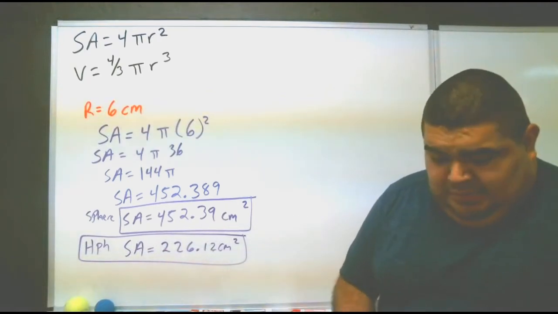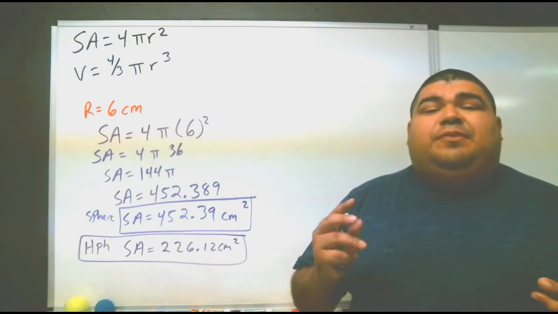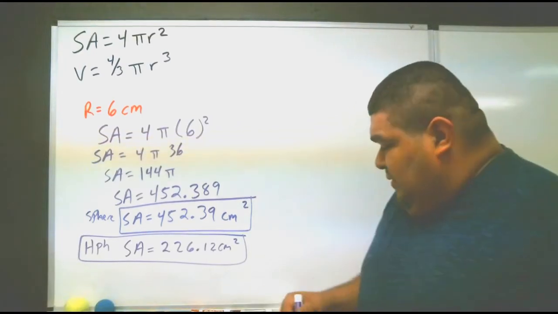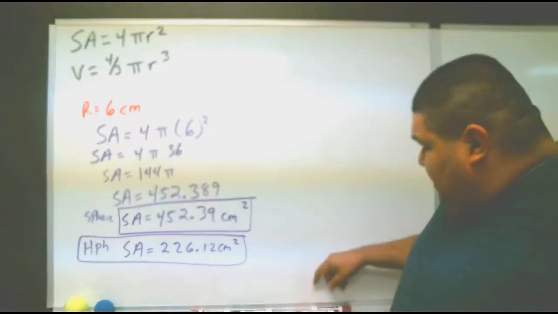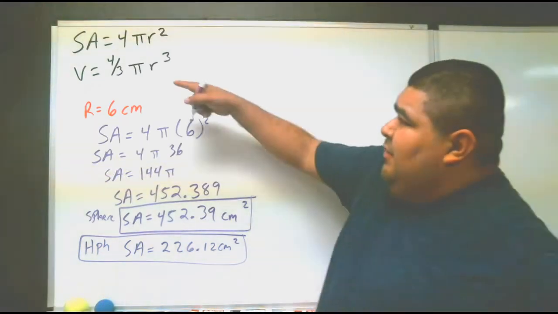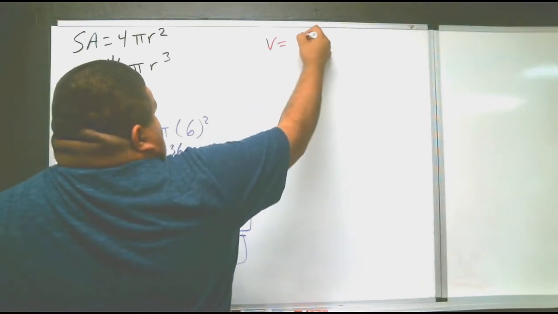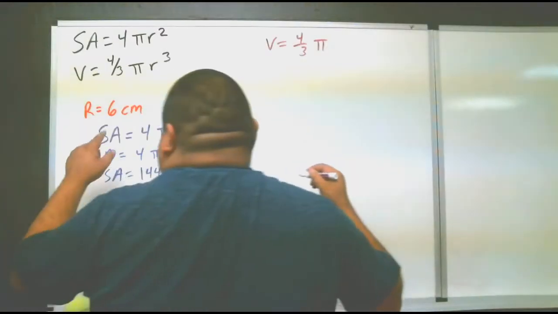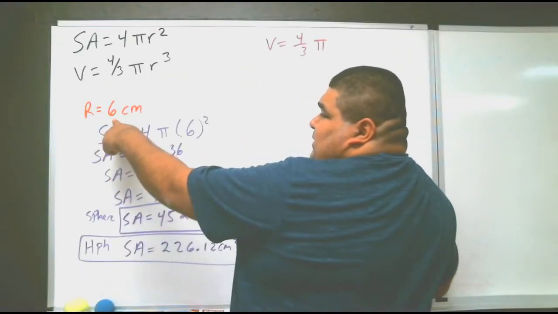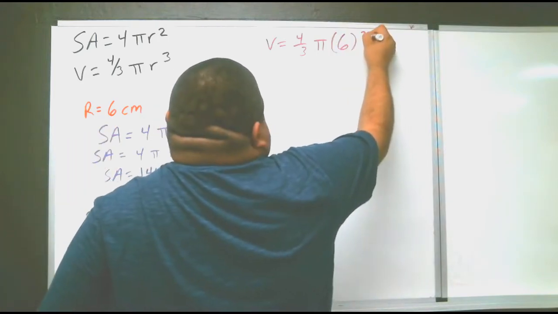Now that you know that, we apply the same idea to volume. So for the volume, we have 4 over 3 pi r, and our r is the same one, 6, cubed.